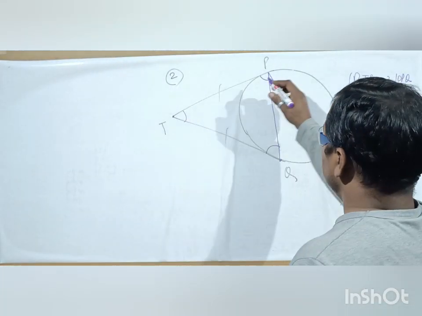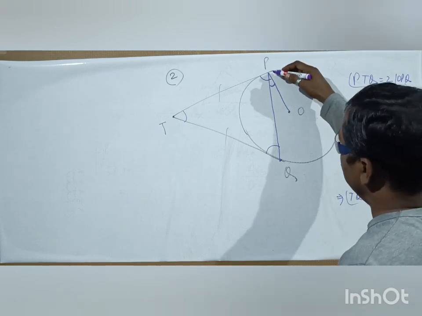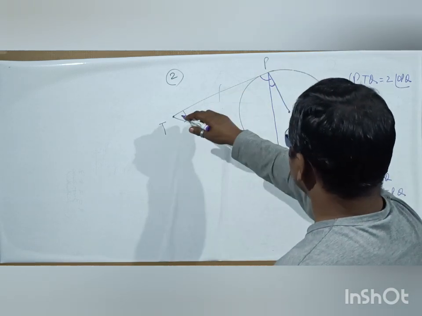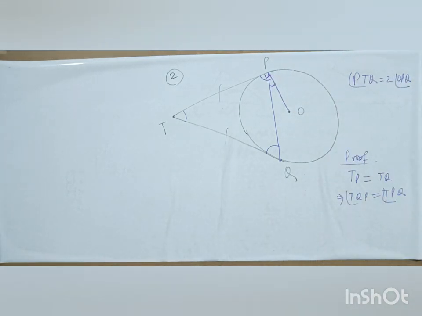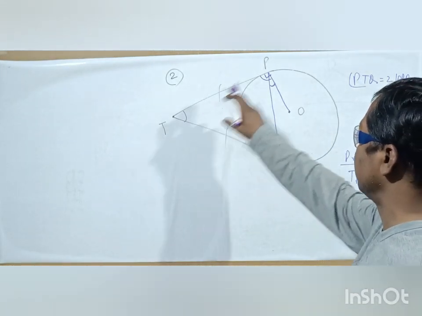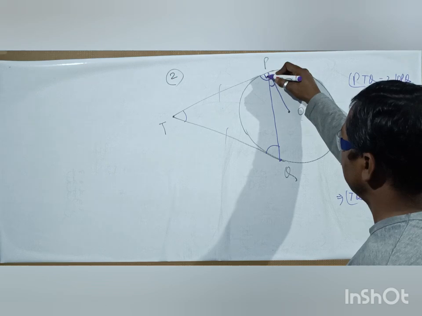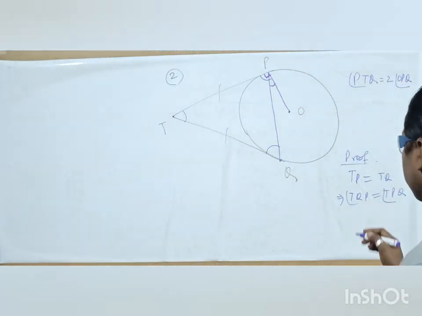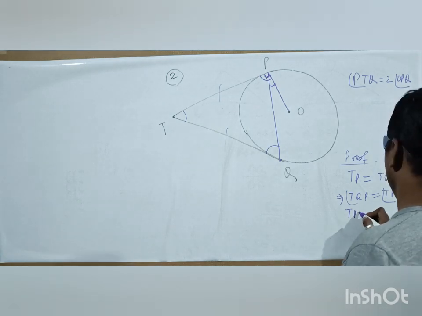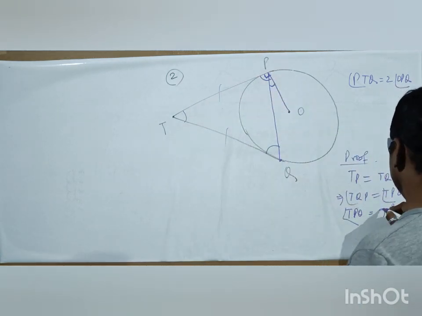This is a tangent TP, and OPQ along with TPQ makes a right angle here. By Theorem 10.1, the tangent is perpendicular to the radius at the point of contact. So angle TPO is 90 degrees.